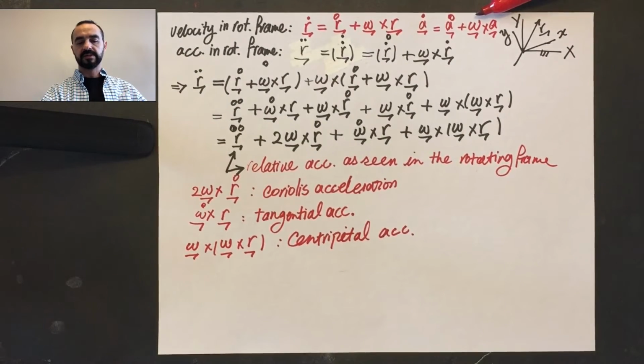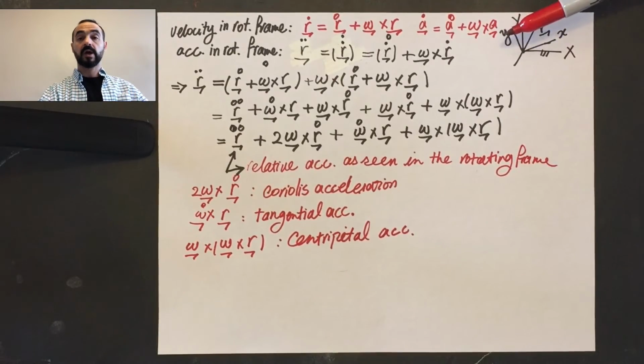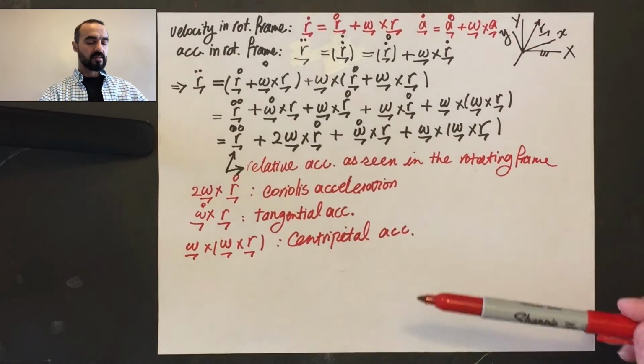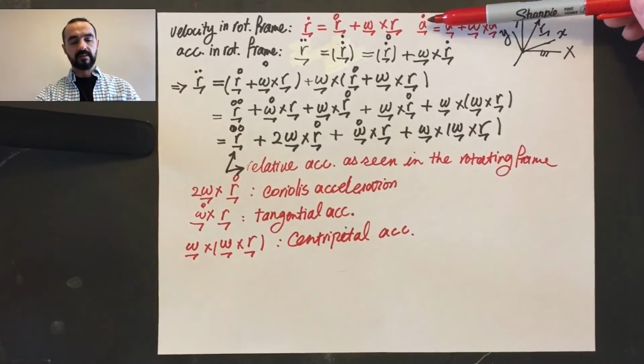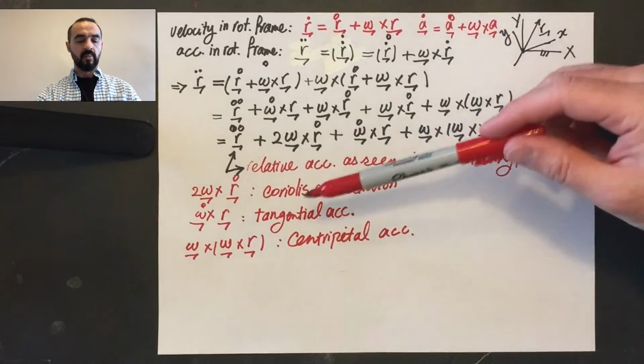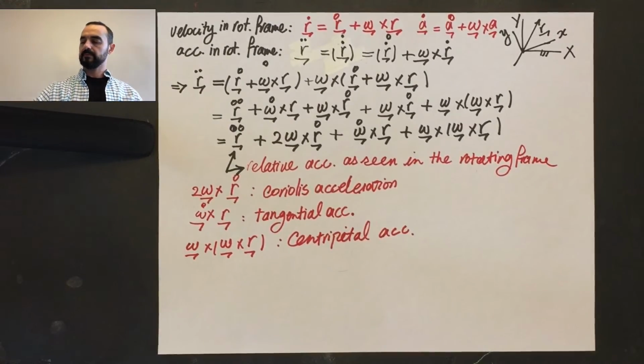We said that this relationship, A dot is A circle plus omega cross A, applies to any vector in a rotating frame. In other words, if you wanted to differentiate any vector in a rotating frame, you can use this relationship. So now I'm going to replace my A with omega itself and see what I get.